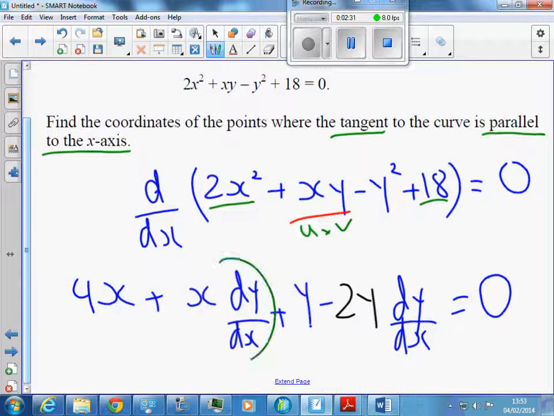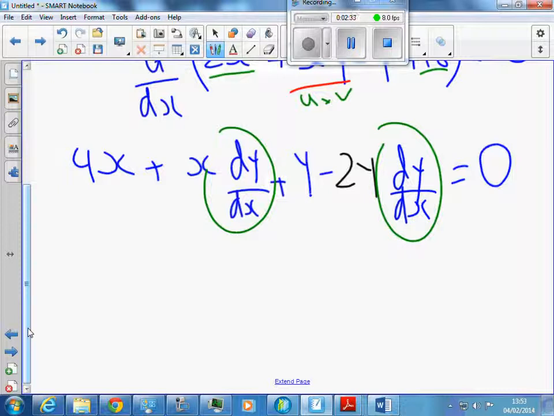Now, we now need to find dy by dx. So again, if you like, we factorize out dy by dx, rearranging it and making dy by dx the subject of the equation. The algebra is very simple. This is year 9, year 8 algebra. Okay, but now you've got dy by dx made the subject of the equation.